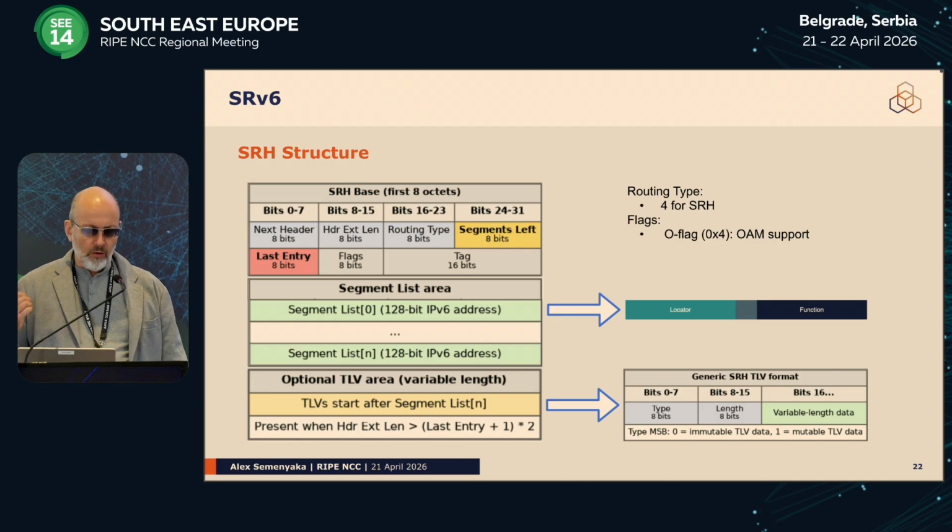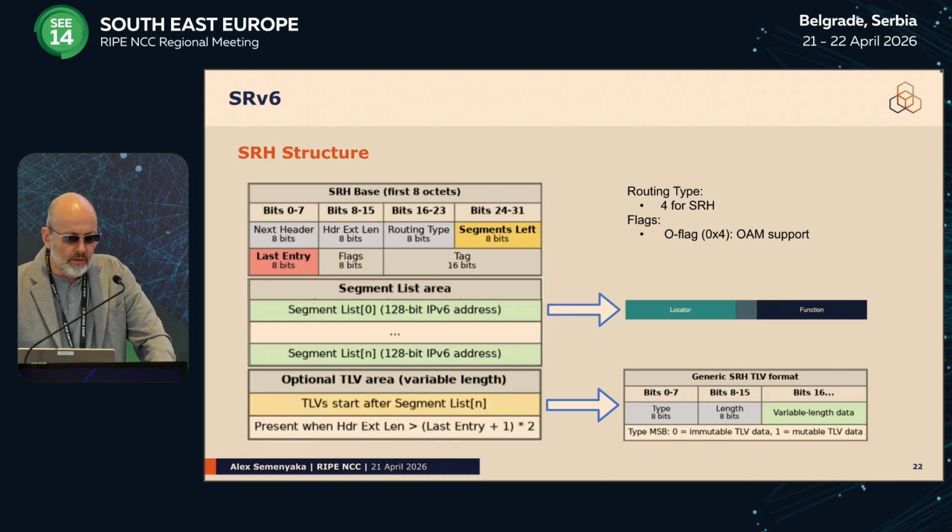And we have an optional area with some specific TLV, type, length, and value tuples. So there we can add some additional information about the whole segment routing header.